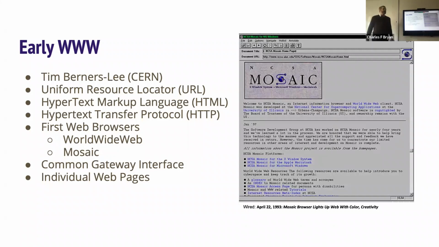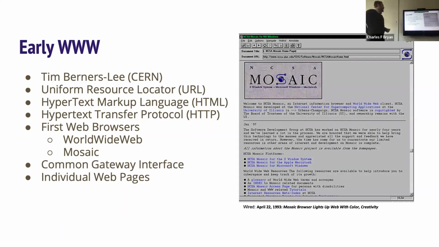Sir Tim was finding it very difficult to find the information, the research, the papers that he was looking for. So he decided to come up with an idea of formalizing network transmissions, formalizing the way we store documents, formalizing the way we retrieve documents, okay?